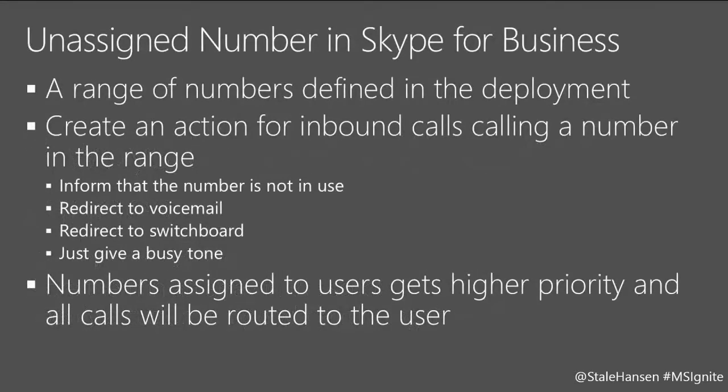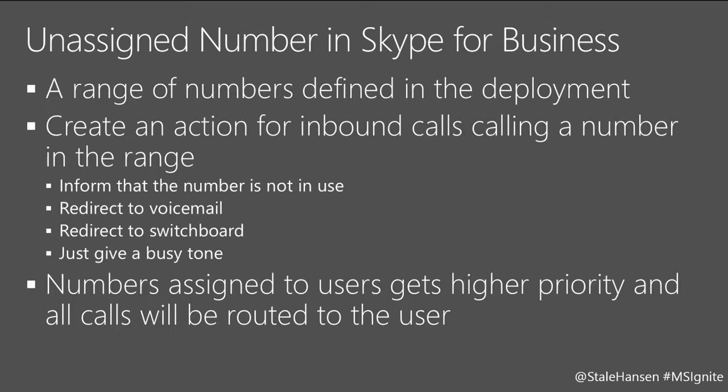Unassigned number in Skype for Business is a range of numbers defined in your deployment. It's available through the control panel. And you can create an action for inbound calls calling a number in that range. You can inform that the number is not in use. You can redirect to voicemail. You can redirect to switchboard or just give a busy tone.